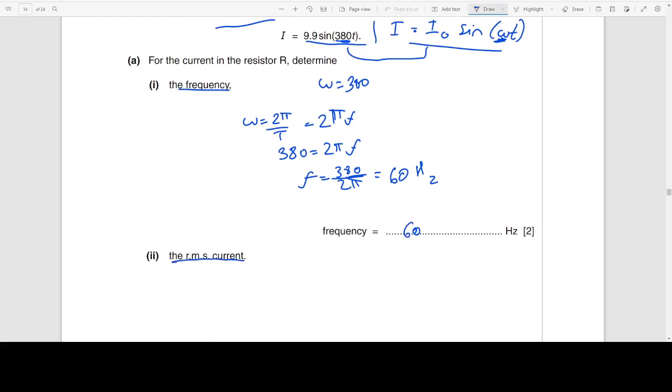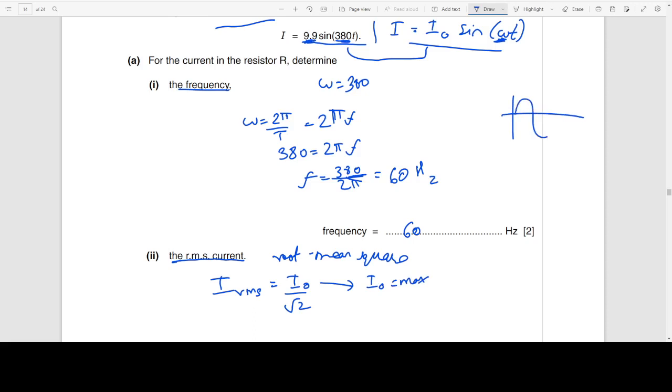Now the RMS current, root mean square. So you'll have this formula in your textbook. I RMS is I naught upon root 2, where I naught is the maximum value of current. So we know I naught is 9.9 because we have learned these graphs where this is I naught and this is minus I naught, where I naught is the maximum current according to this equation.